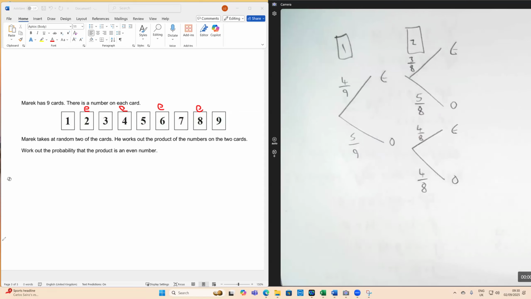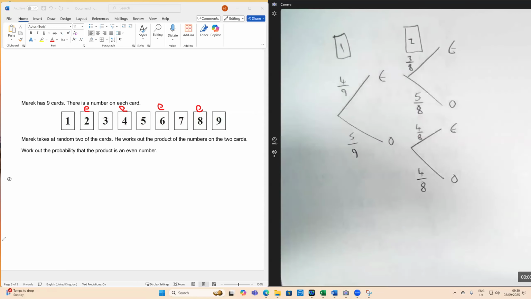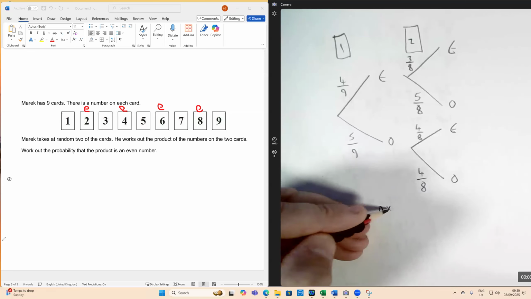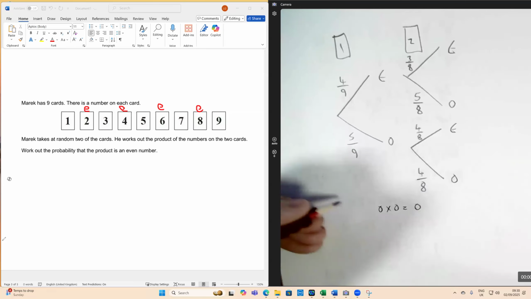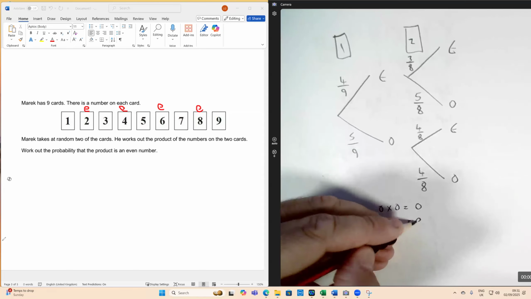Now, it says work out the probability that the product, he times them together, is an even number. So this is what I mean. These kind of probability questions require you to use other little pieces of information. So we need to remember that when we have odd times odd, we get odd. When we have even times even, we have even.